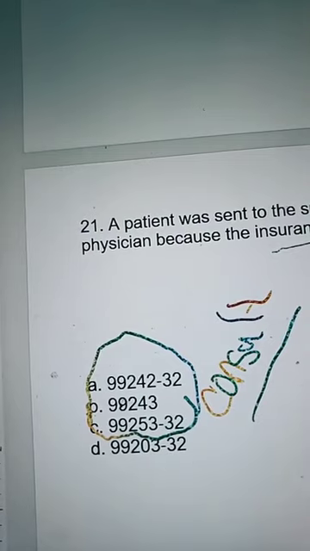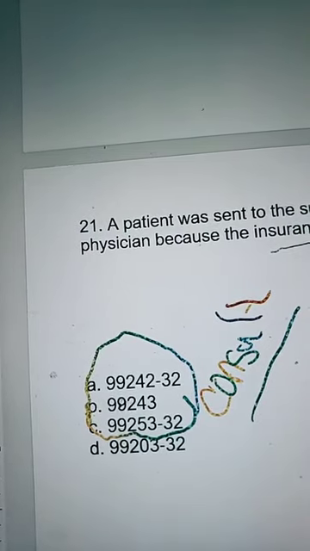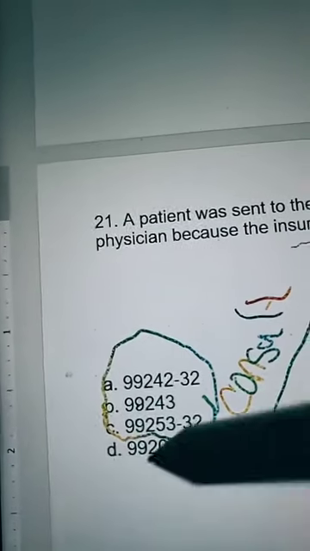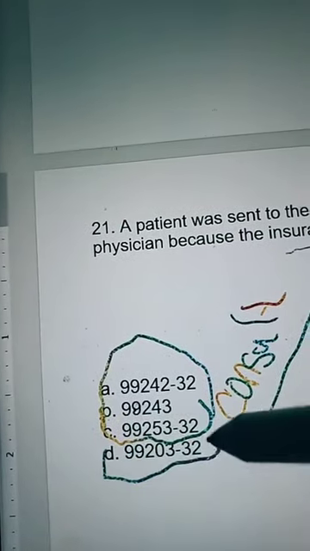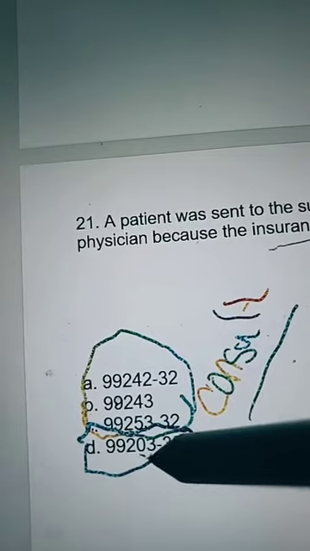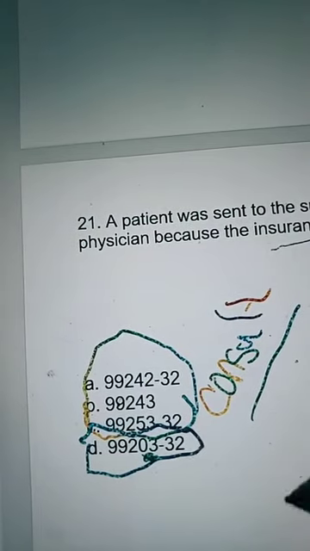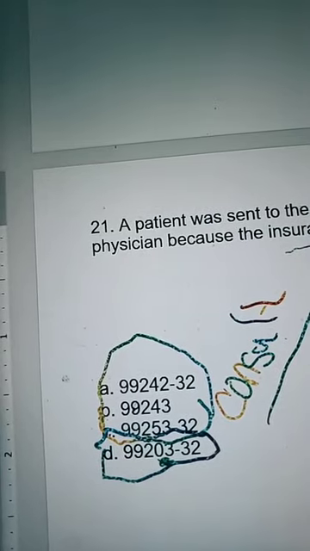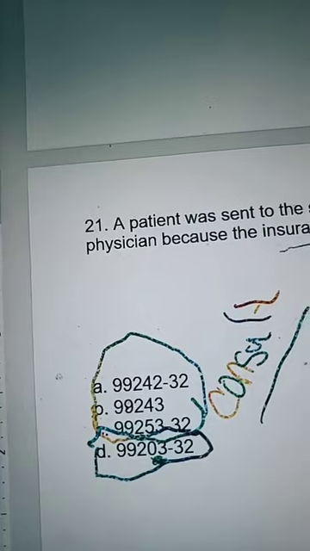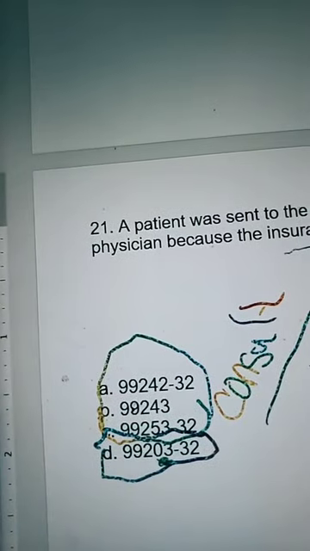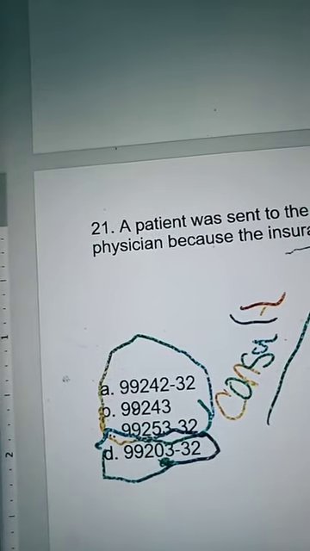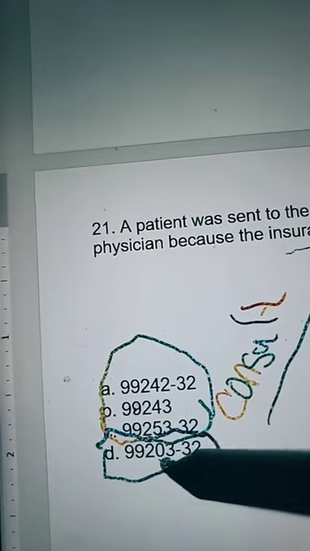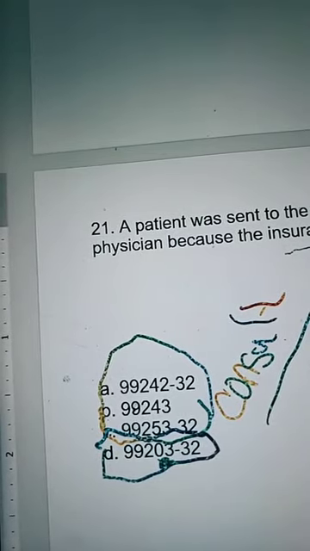It doesn't actually. So if you see insurance company, second opinion, it's going to end up being a new patient code. It'll have a 0 in it right before the last number. So no matter whatever it says, the 0 will need to be in that one too.